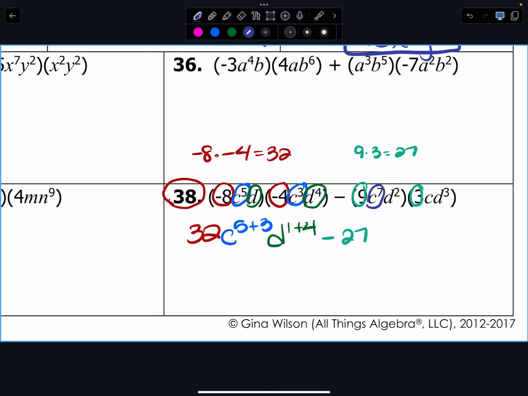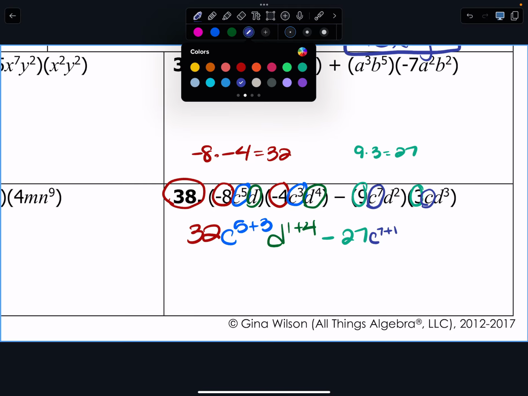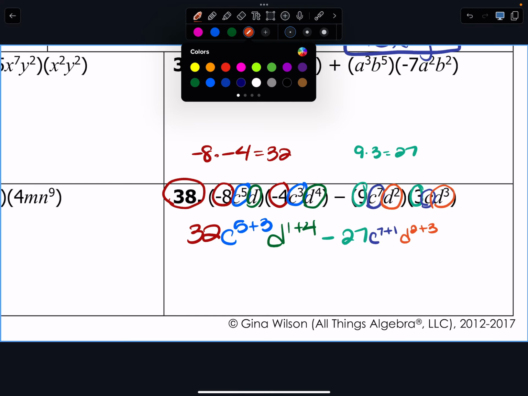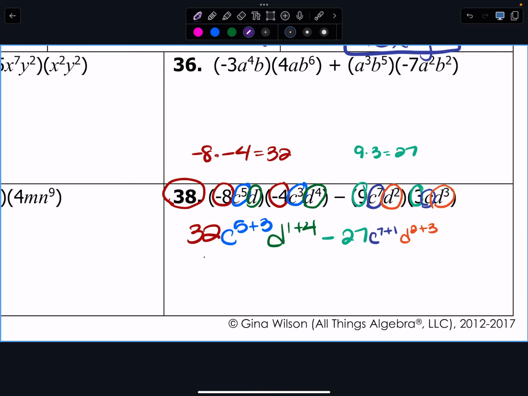I have a c to the seventh and a c to the first. And then I have a d squared and a d to the third. So what do I have left over? 32 c to the 8th d to the 5th minus 27 c to the 8th d to the 5th.